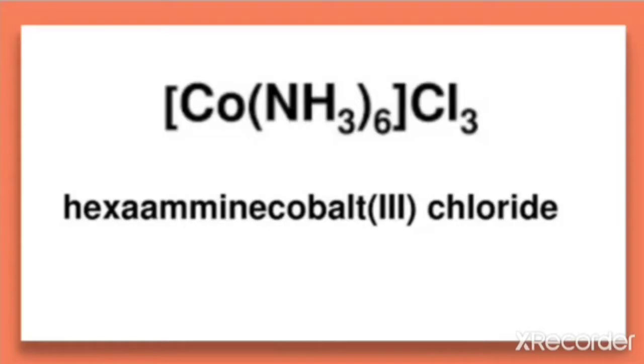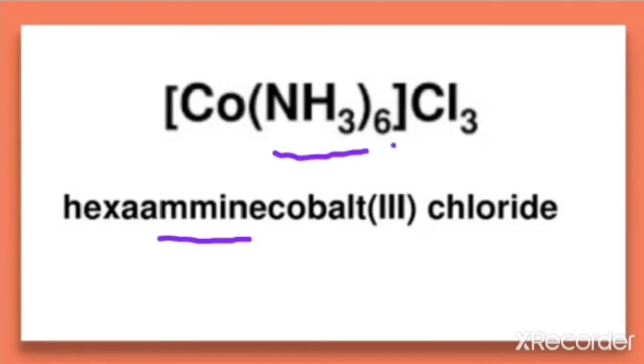Cationic complex. Now how to name this? As I told you the order, first you have to name the ligand. So what is the ligand? That is NH3. NH3 is the ligand. So what is the name given to this ligand? That is amine. We have to write the name of NH3, the ligand, as amine.